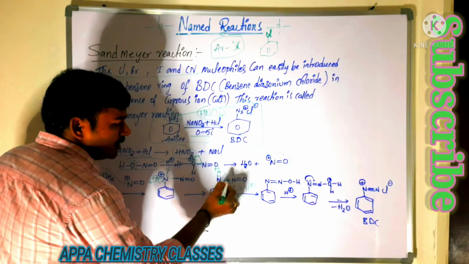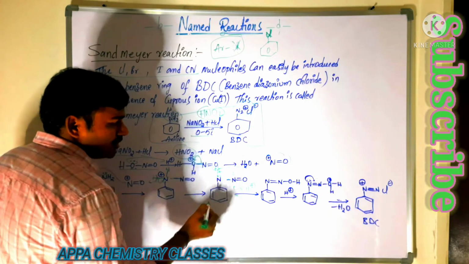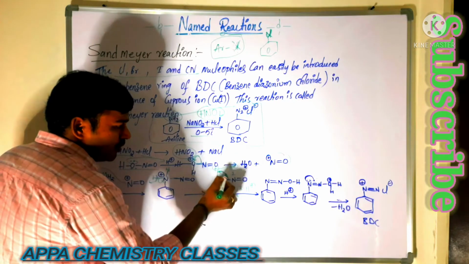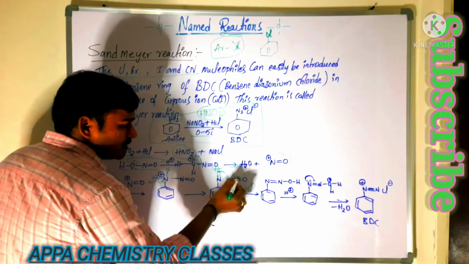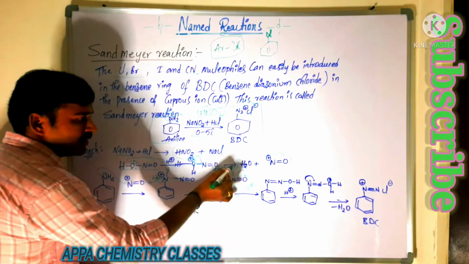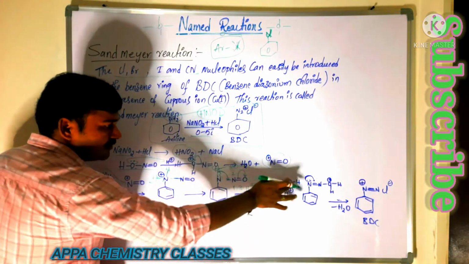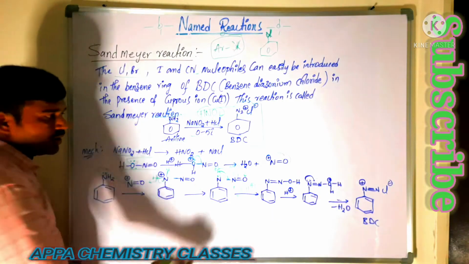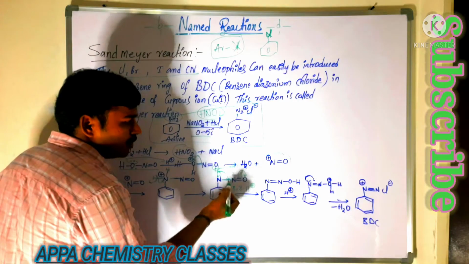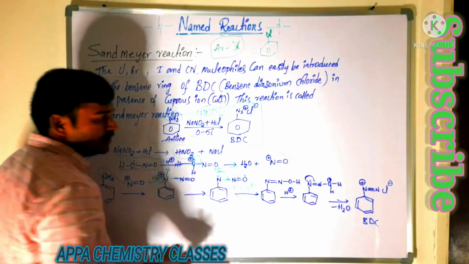This hydrogen is removed as an H plus ion. Whenever this bond is shifted here, this pi bond is shifted onto this oxygen. Oxygen gets the negative charge. That negative and H plus ion will combine to form water, OH. Okay? So in between these two nitrogen atoms, already one bond is there, one more bond is formed. That is a double bond it is getting.